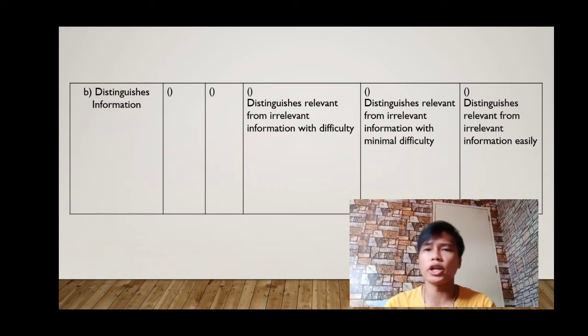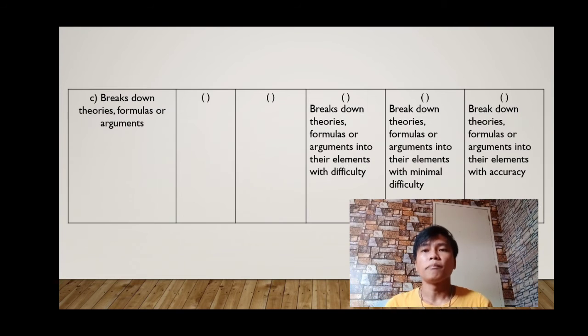Let's proceed to another situation, which is breaking down theories, formulas, or arguments. In the beginner category, the students can break down theories, formulas, or arguments into their elements with difficulty.